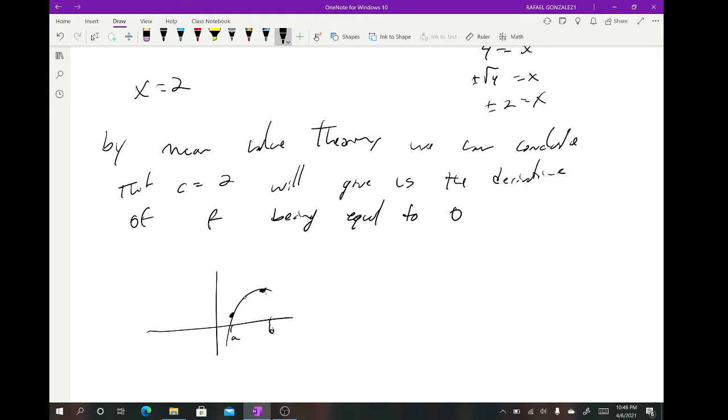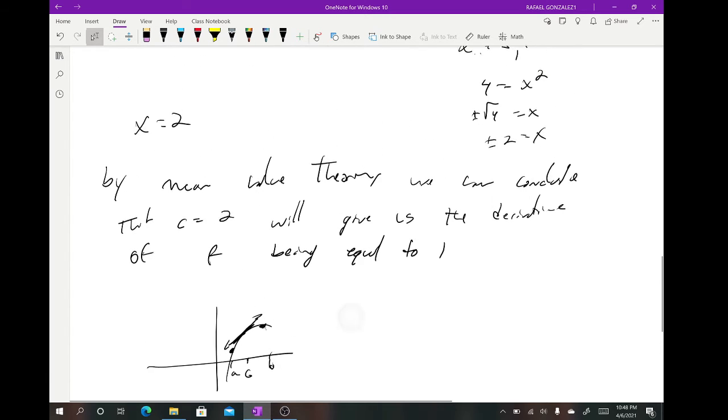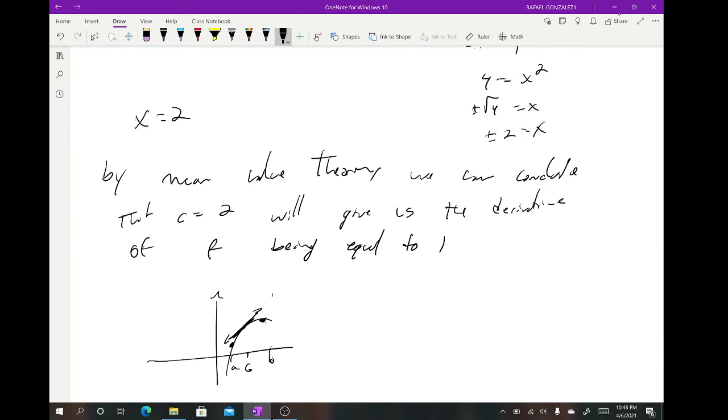Okay, they're not actually equal, but we can still find a C such that the derivative is equal to the slope of the line. In this case, the derivative was equal to 1. So now we have a slope of 1 line here. This is a more general case of Rolle's theorem. All right. So this is how your tangent line will look like.